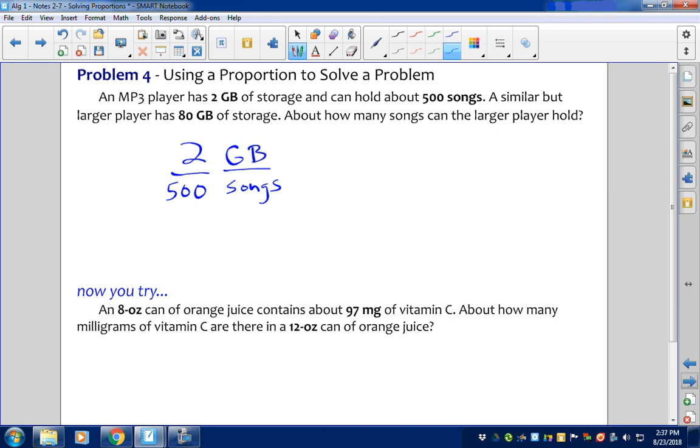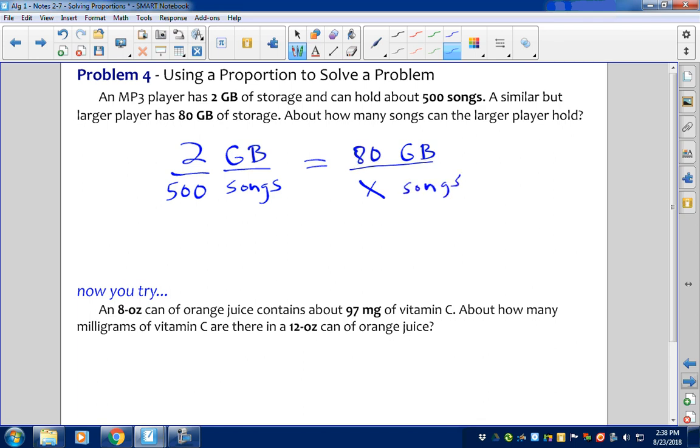Equals, this is a similar but larger player that has 80 gigabytes of storage. Where does the 80 go, on the top or on the bottom of the fraction? It has to go on the top because it has to correspond to gigabytes. And then the variable goes on the bottom. And what am I solving for? Songs, so x songs. See how straight across here?